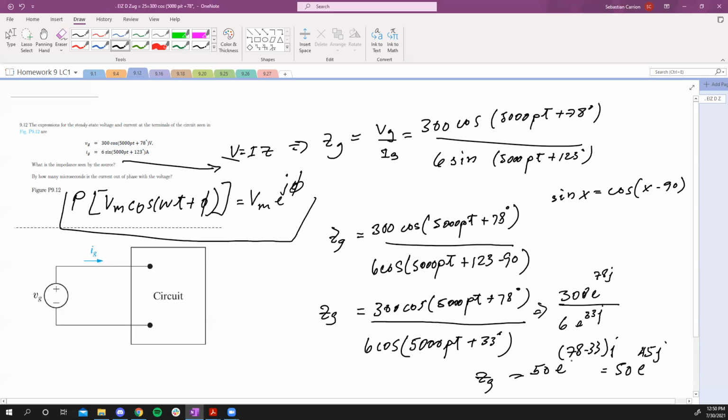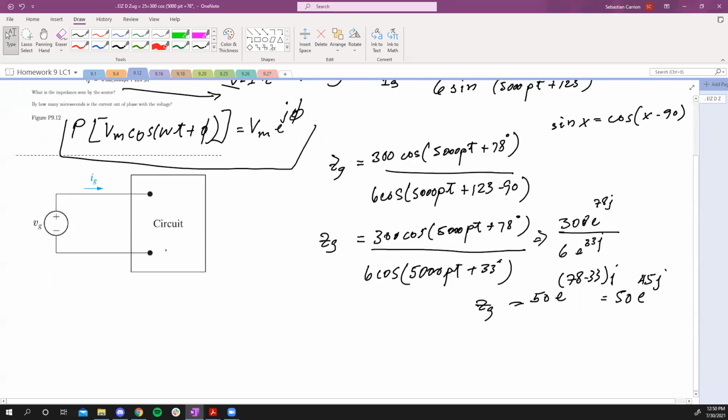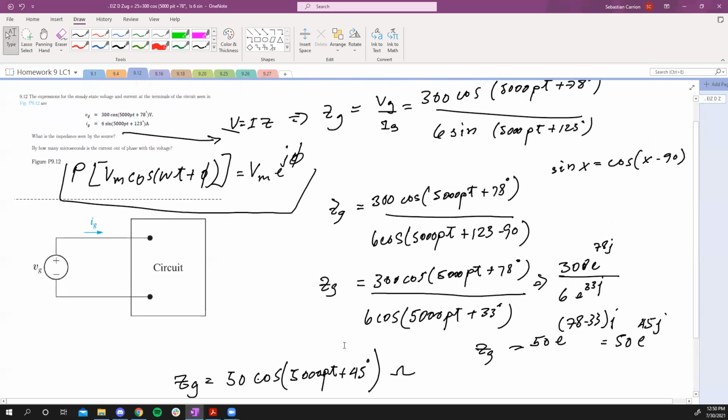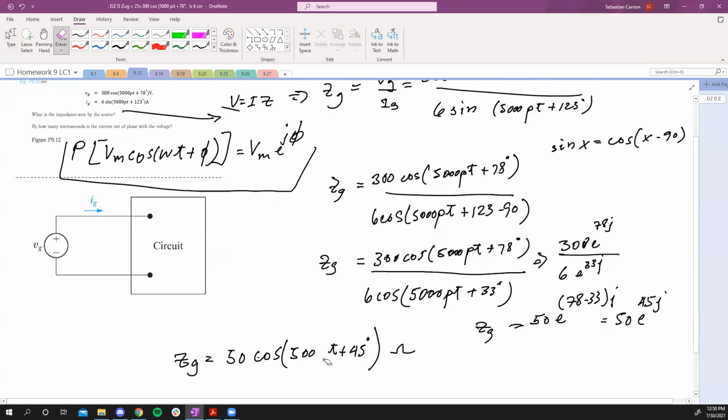So this would be the function of impedance, and we can go ahead and transform this. Z_G is going to be equal to 50 cosine(5,000πt plus 45 degrees), just to make it pretty and legible. That makes sense. All right.